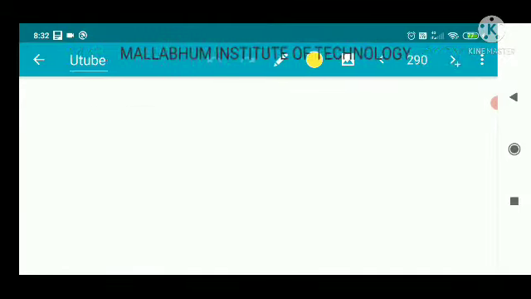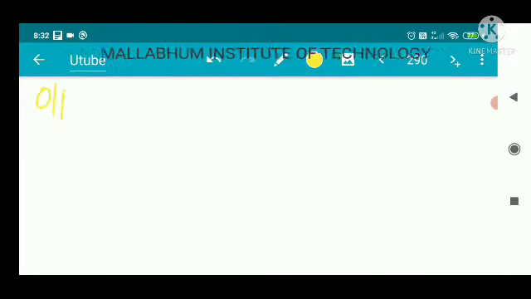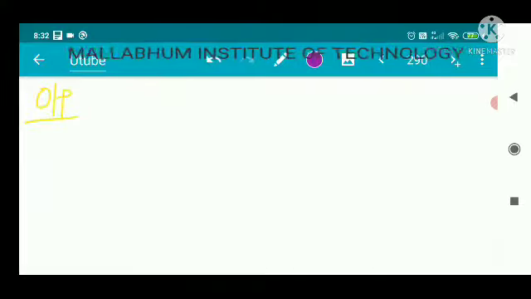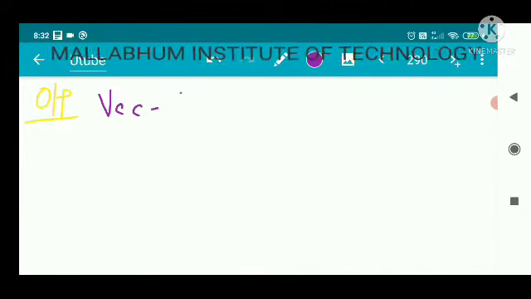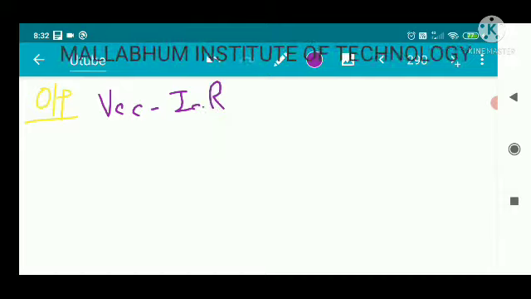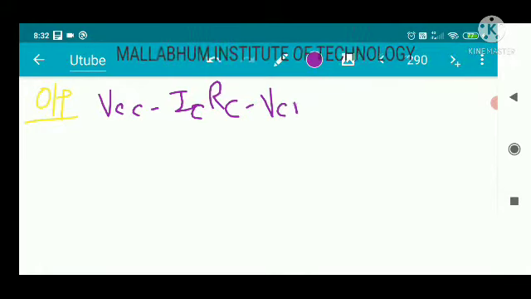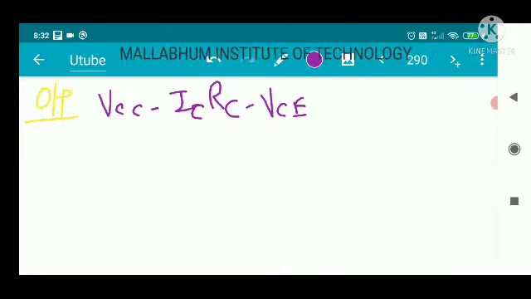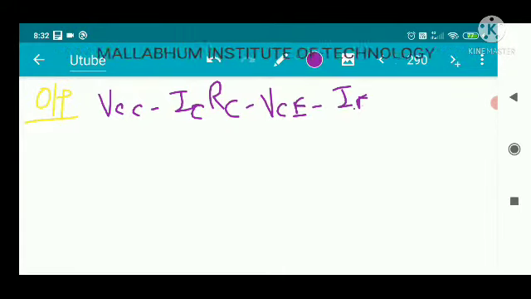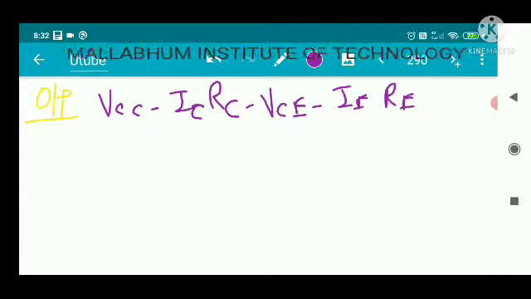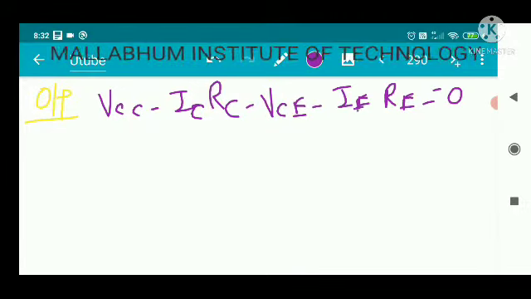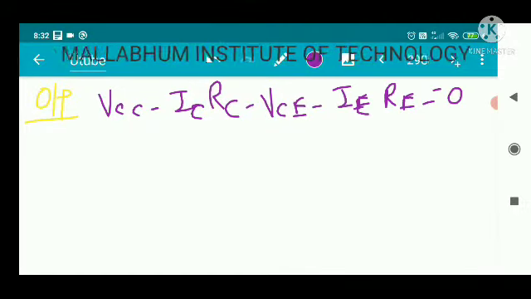So I am just writing the equation in the output loop. So this is the output loop expression.